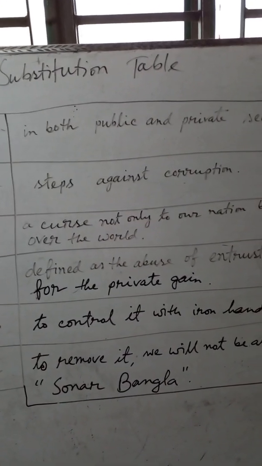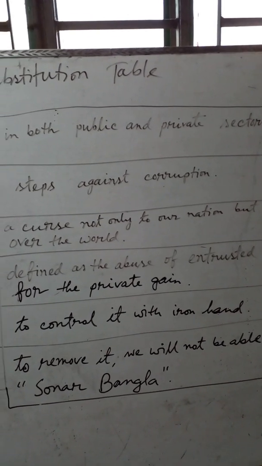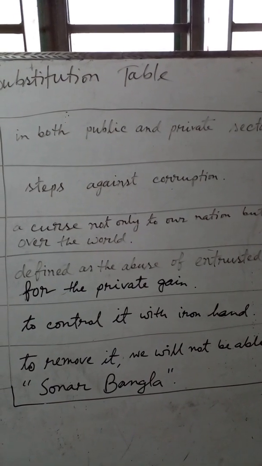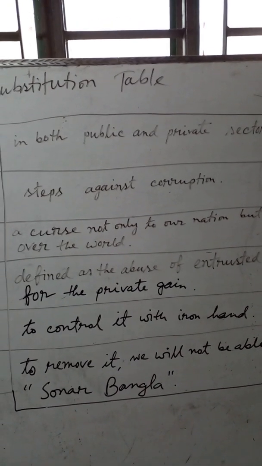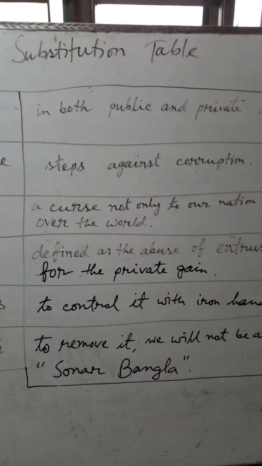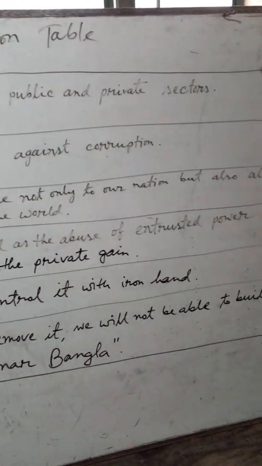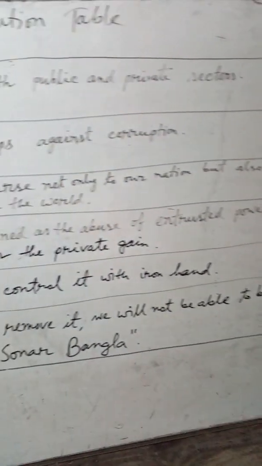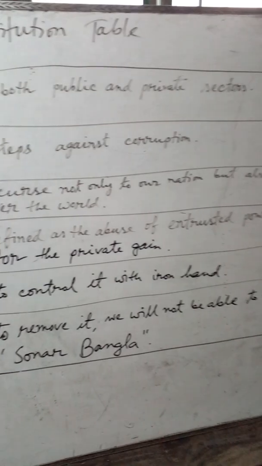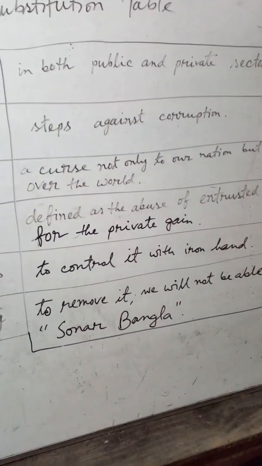The second one is steps against corruption. Steps against corruption. Are you writing? I think so. And the third one is a curse not only to our nation but also all over the world. Okay?